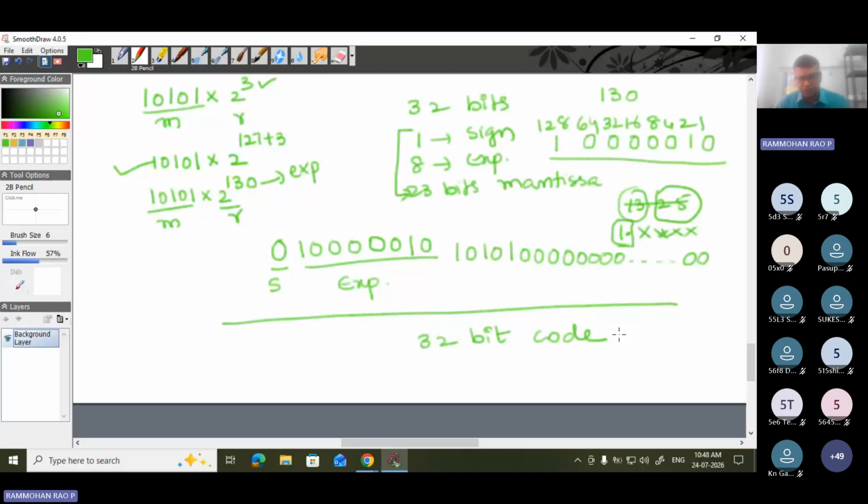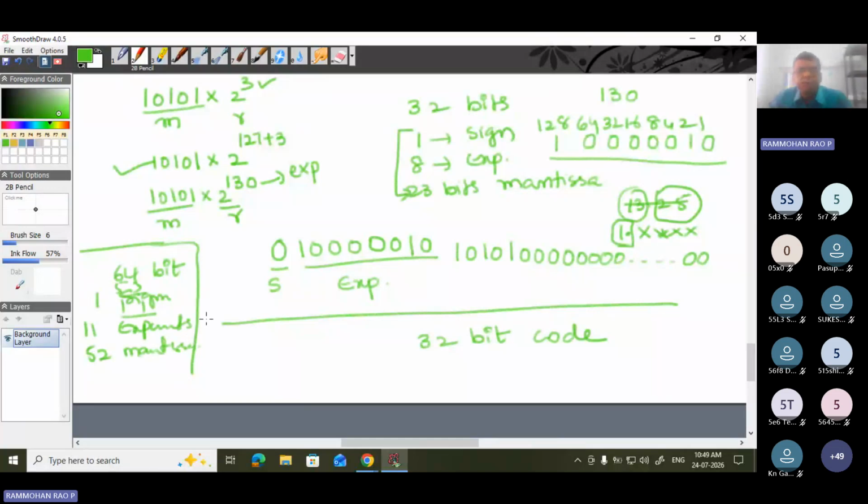Suppose I am using a 64-bit machine; of course, all are 64-bit machines now. Even then, the sign bit is only one, because one bit is needed to tell positive or negative. Here we get 52 bits for mantissa. So how much is left? 52 plus 1 is 53, and 64 minus 53 is 11, so 11 bits for exponent.